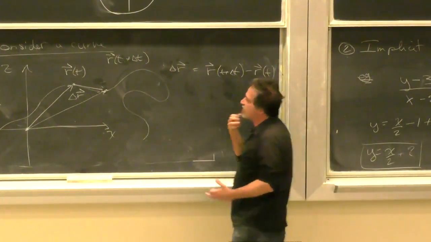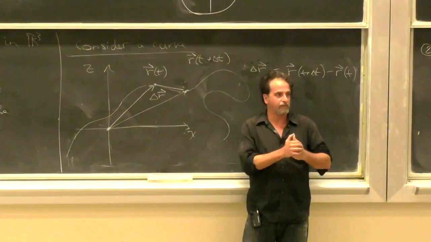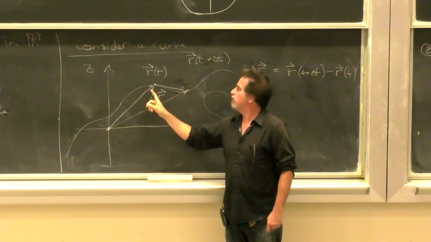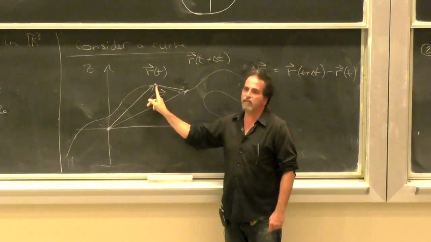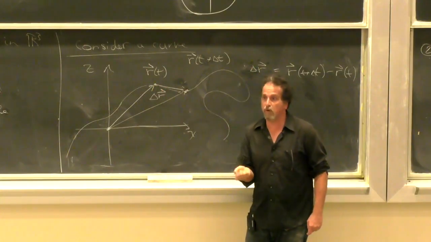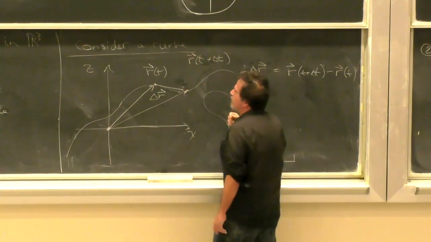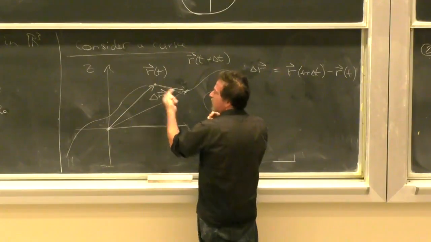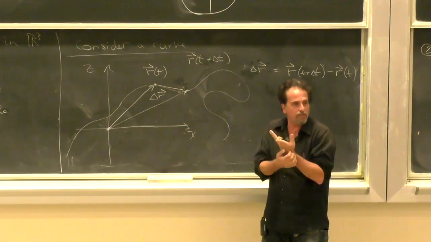Notice that this has all the properties we need to do differential calculus here. As delta t gets smaller and smaller, if you go a minute later, 15 seconds later, 5 seconds later, or 1 second later, the magnitude of this delta r gets smaller and smaller. But we also know from calculus that although delta r gets smaller and smaller, the direction of that vector exists.